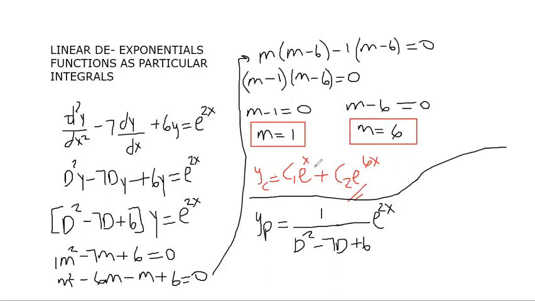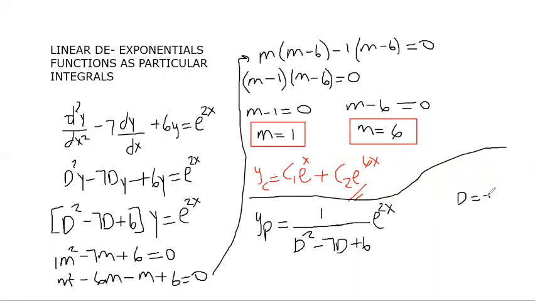Now, as you could see, we're using exponential functions. How you could solve for yP, the particular integral, is by doing a direct substitution. Anytime you see an exponential e by itself, you're going to say that D is equal to whatever the power is above the e, and we have it here as 2.